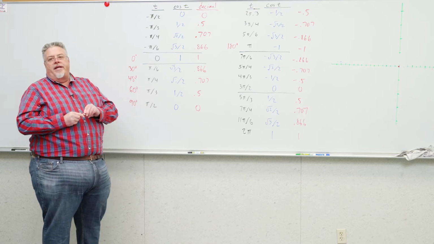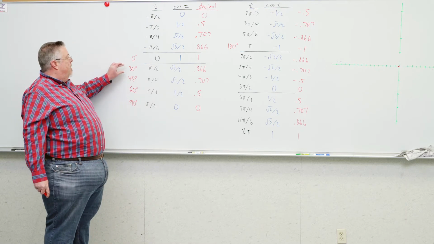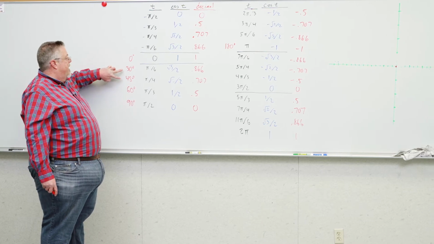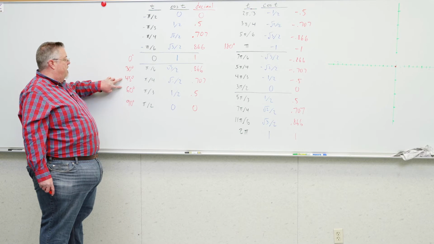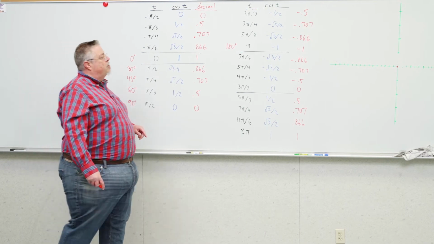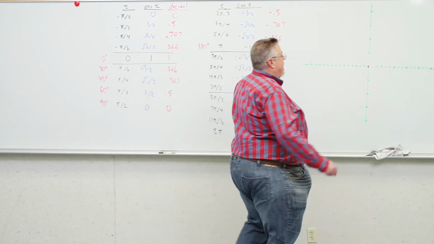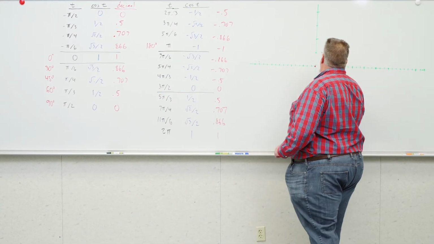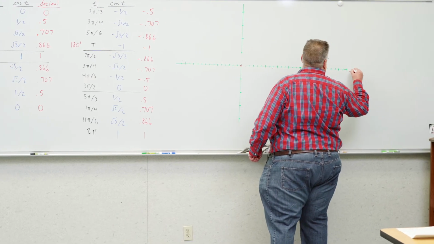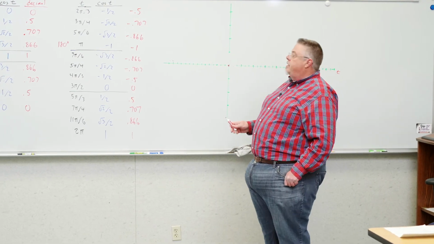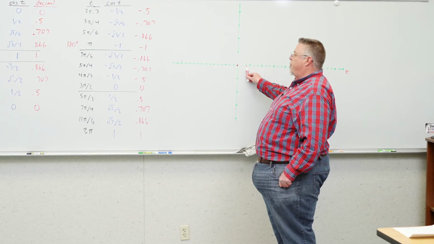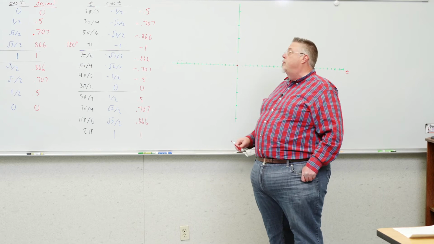What I wanted to point out is that the gap here is 30 degrees, whereas the gap here is 15 degrees, then 30 degrees again. So I am not going to label my horizontal axis, in this case my t-axis, 0 and then pi over 6, pi over 4, pi over 3, pi over 2.